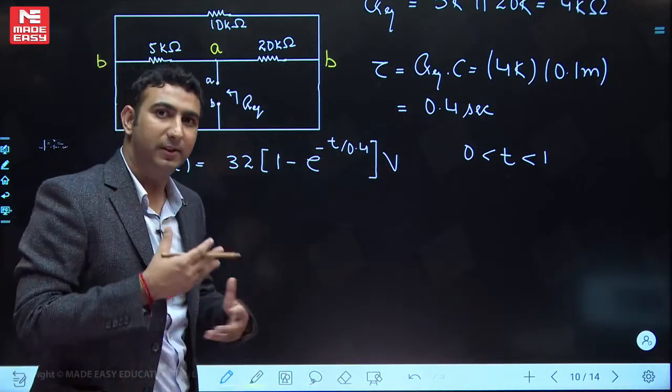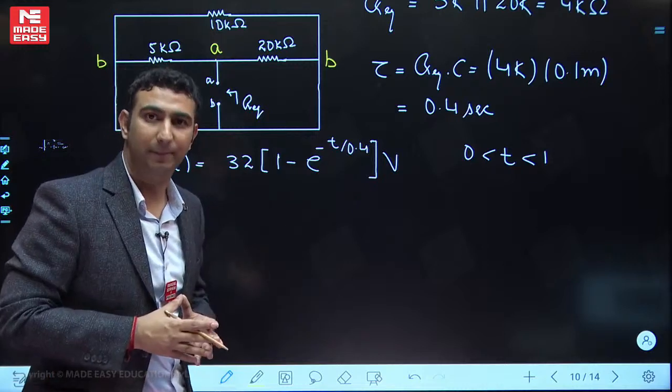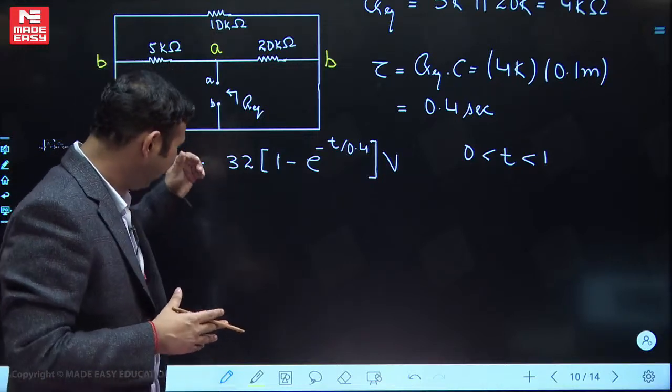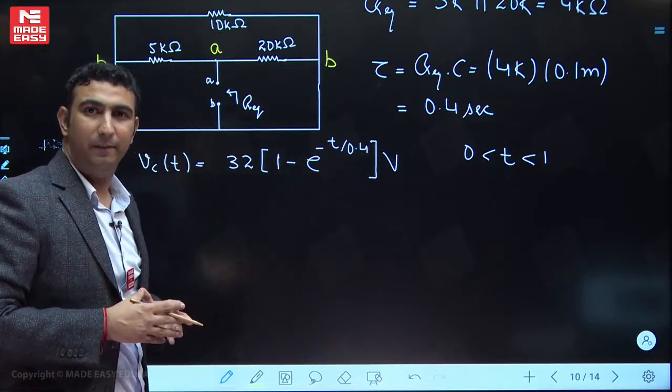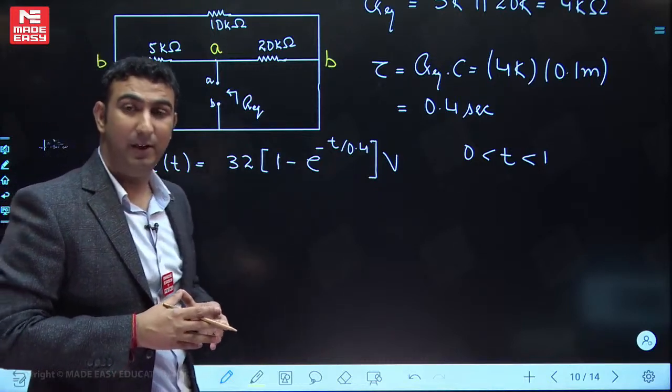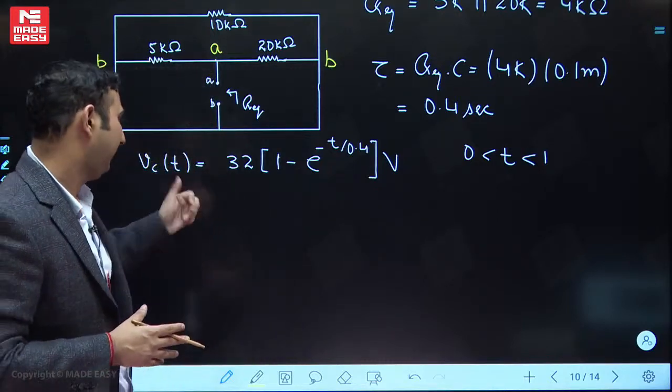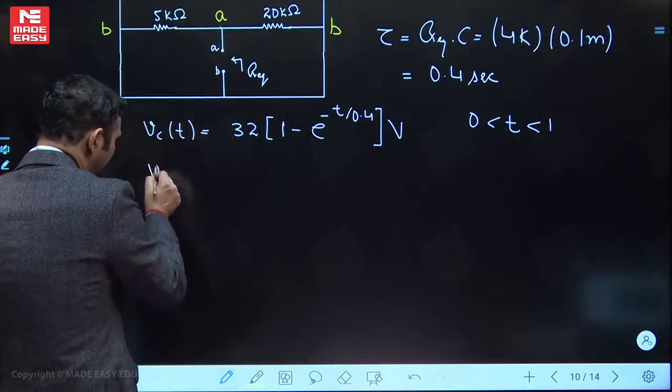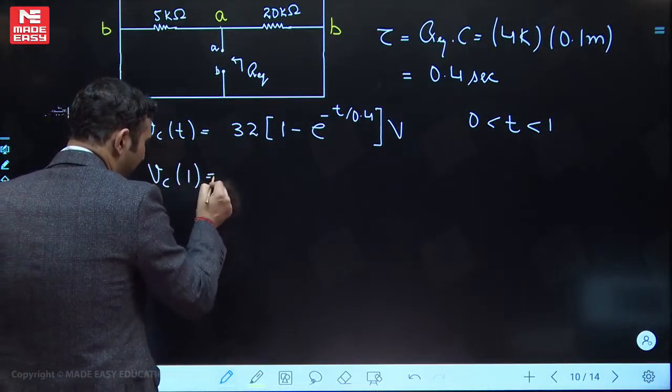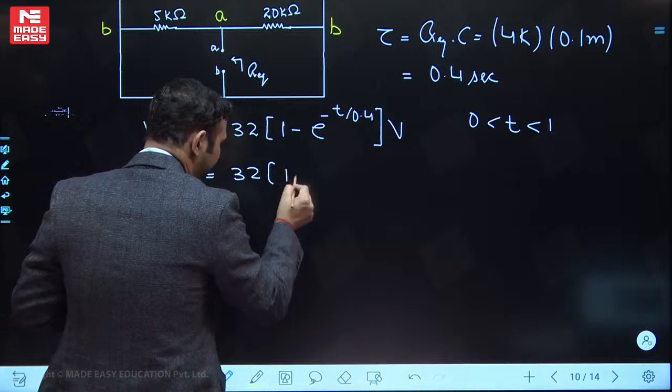After 1, the circuit will change again. Why? Because the 100 volt source starts activating. So when the circuit restarts after 1, we will need the initial value, that is at t equal to 1 plus, which we calculate from here. So what will be Vc1? Put 1 second in this expression.